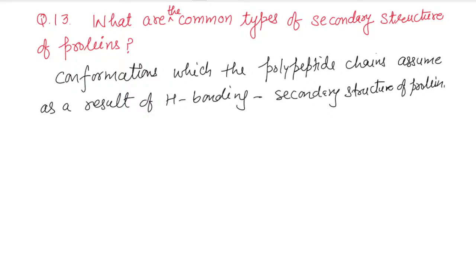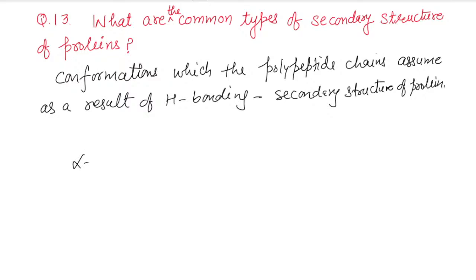Coagulation, see, in an egg there is a liquid, but when it is boiled, it turns into a hard mass. So that is actually coagulation. Soluble protein is converted into insoluble protein. That means it is coagulated. So what are the common types of secondary structure? Very good, Ashish.